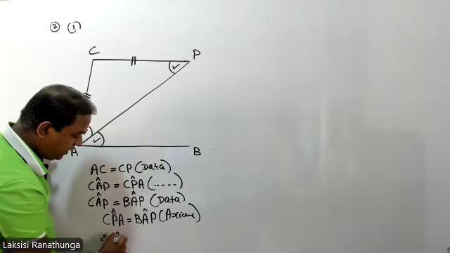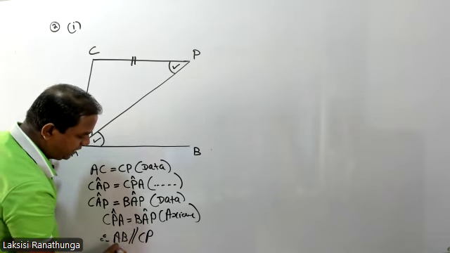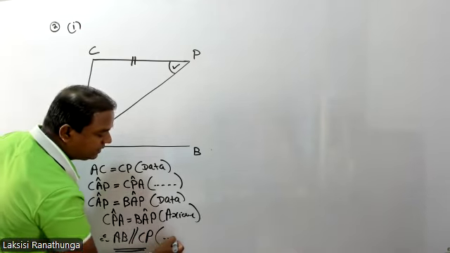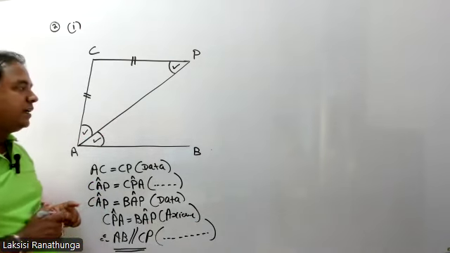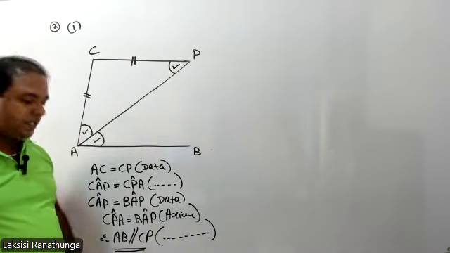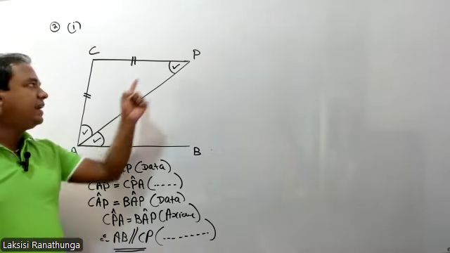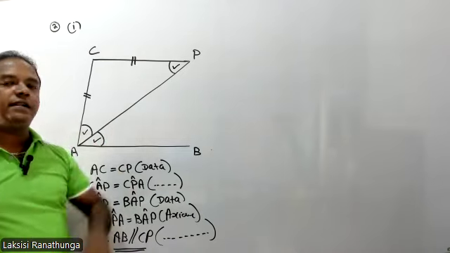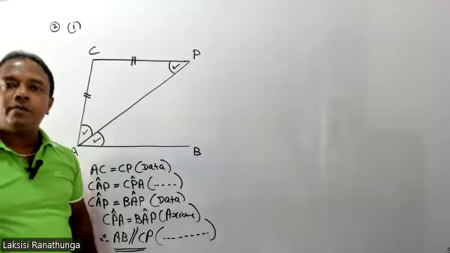AB parallel CP. You have to write the reason here: the formed alternate angles are equal. That's why the two lines AB and CP are parallel.